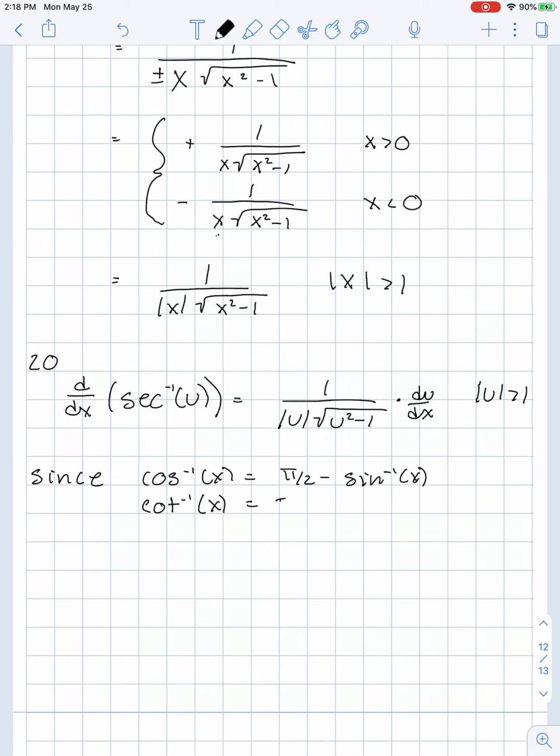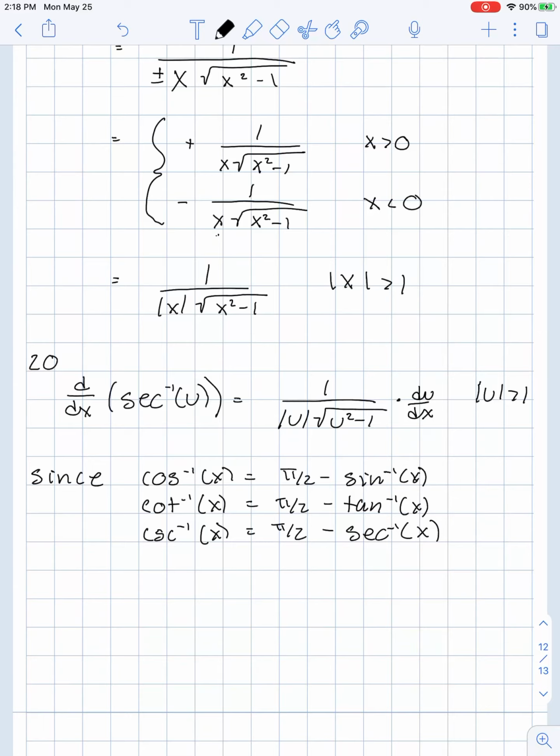Arc cotangent is pi over 2 minus arc tangent of x. And finally, arc cosecant of x is pi over 2 minus arc secant.